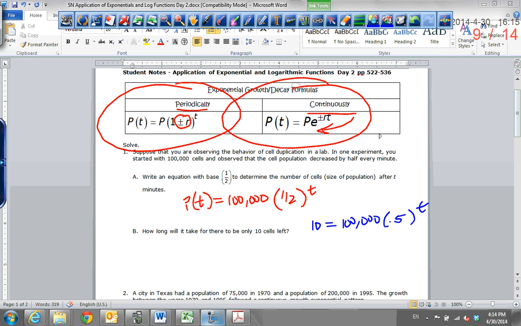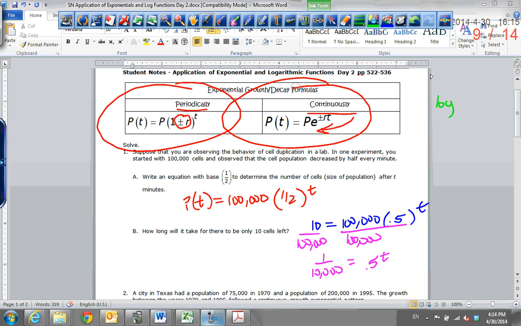So the first thing to do when we're trying to solve for a variable that's an exponent, we're going to end up dividing by 100,000. So I get 1 over 10,000 equals 0.5 to the t. And then from here, hopefully you remember that you're taking the log of both sides.